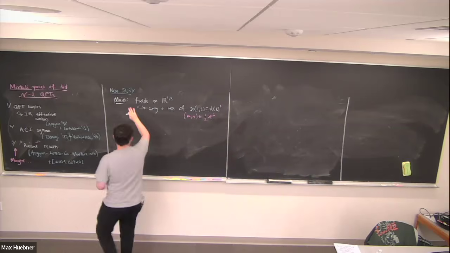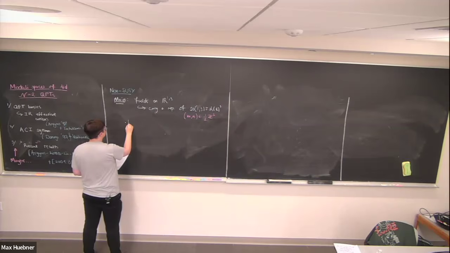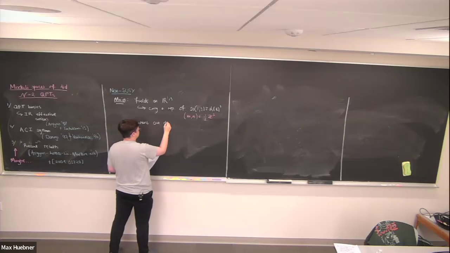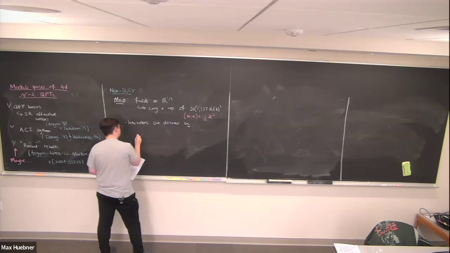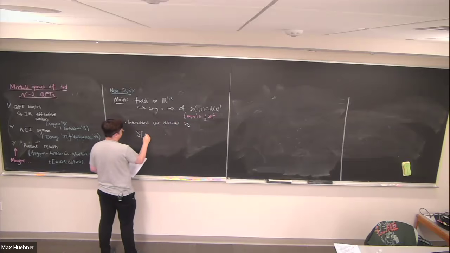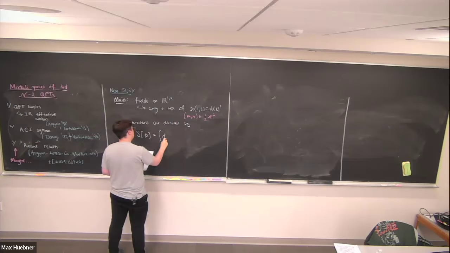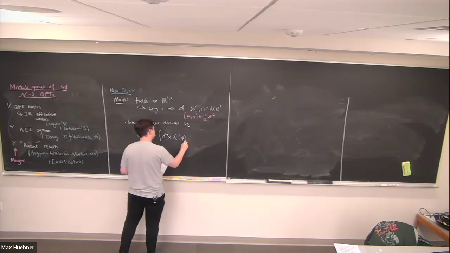Once you've specified the fields, that's telling you about the matter content of your system, and then the interactions, how the fields play off each other, are dictated by an action. If I write my fields collectively as phi, I have an integral over space-time of some Lagrangian.